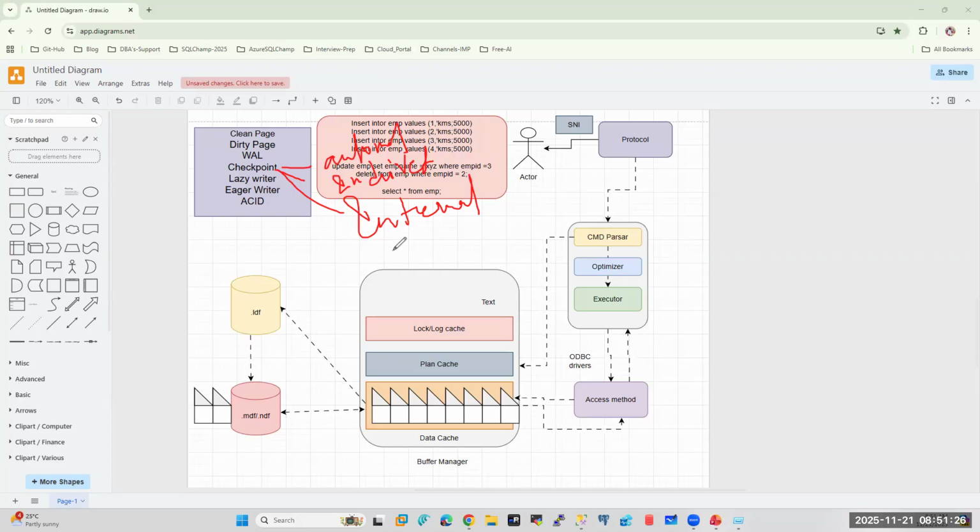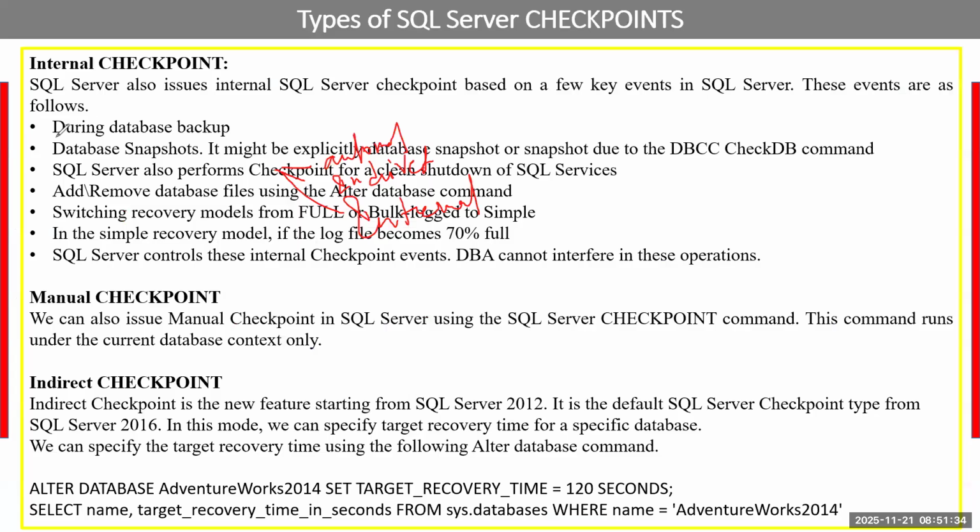Now, when you are doing certain operations, what do I mean by certain operations? While you are taking the backup of the database, while you are taking the snapshot of the database, when you are shutting down the database server, when you are making your SQL offline, when you are rebooting your server, when you are bringing your database offline. Either the entire server restarts, or only SQL Server you are stopping.